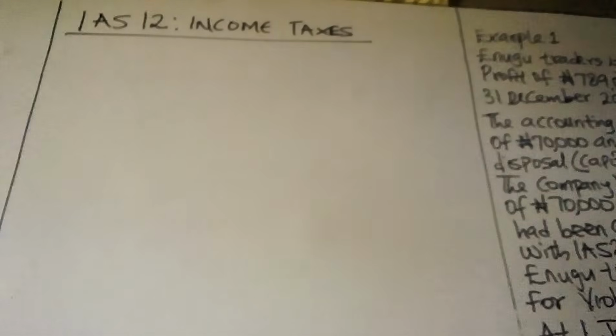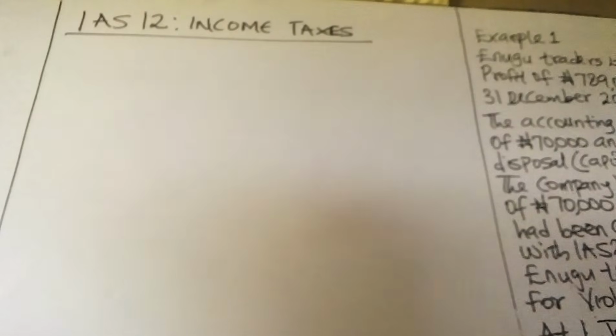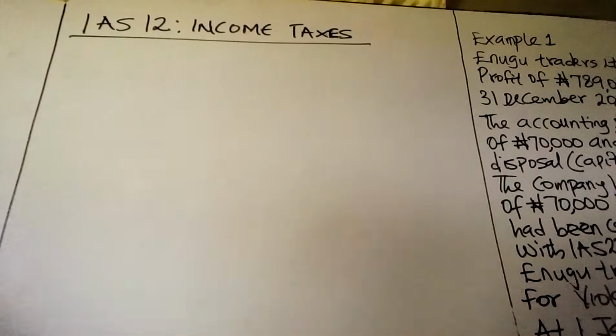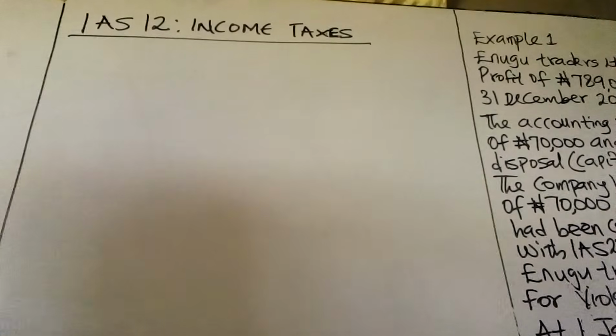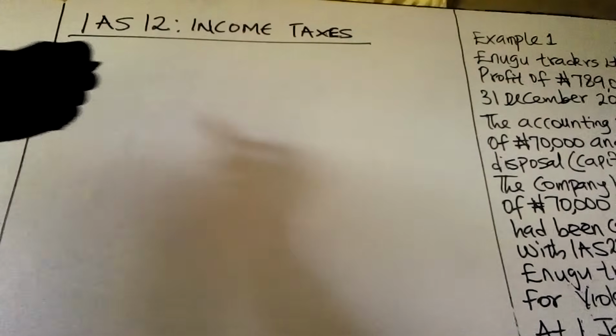IAS 12, Income Taxes. IAS means International Accounting Standard, number 12. In this standard, there are two elements of taxes dealt with.